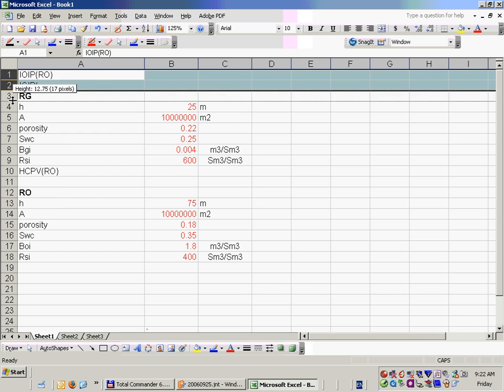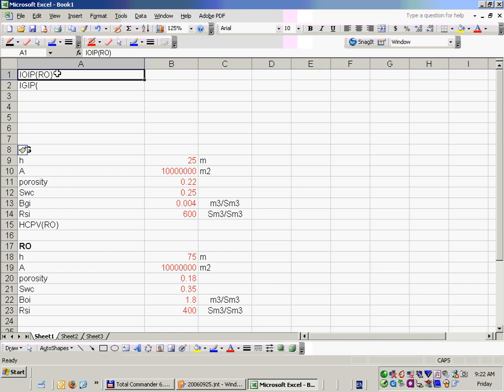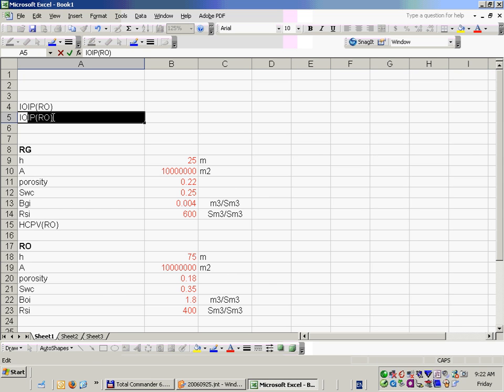I'm going to put all these at the top. Initial oil in place from the reservoir oil, and initial gas in place from the reservoir gas. These are based on hydrocarbon pore volumes. We calculate those first. Okay?